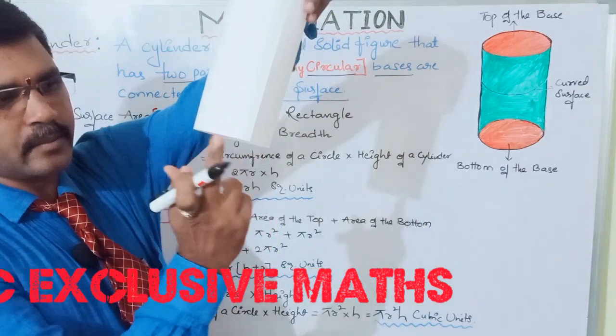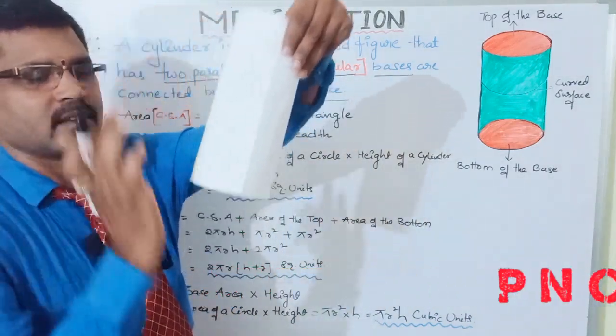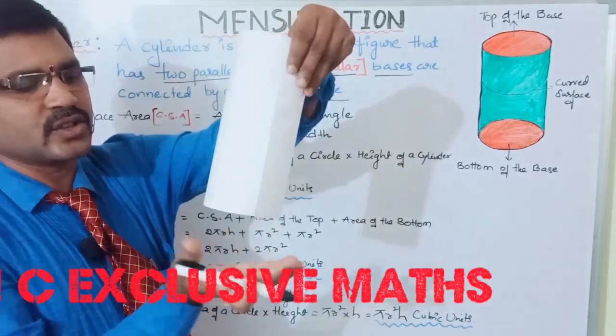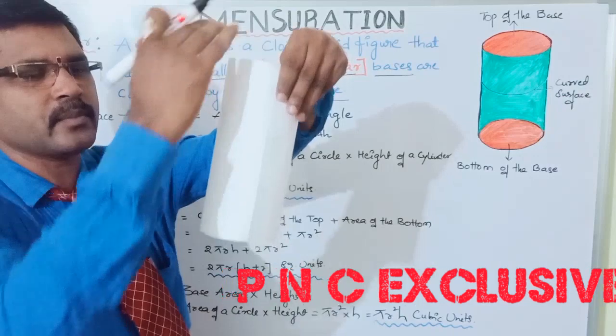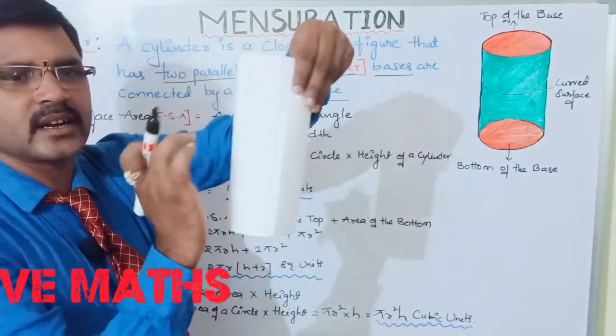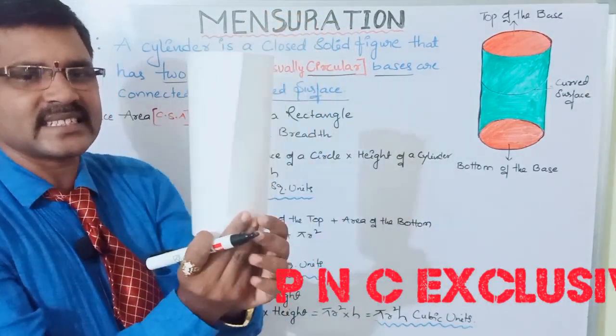Here is the base area, here the top area, and these base and top are connected by the curved surface. This type of solid is called a cylinder.